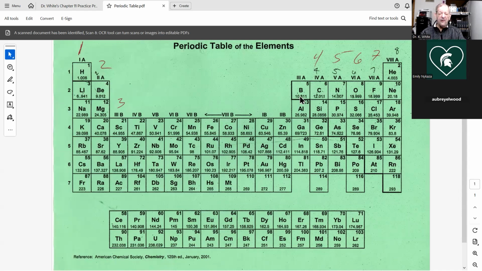Let me remind you, the number underneath the chemical symbol, in the case of carbon, 12.011, is the atomic weight for carbon. And under your name, we'll say, please use all atomic weights to 3 significant figures, and that would be 12.0. For oxygen, 15.999 rounds off to 3 significant figures, 16.0.